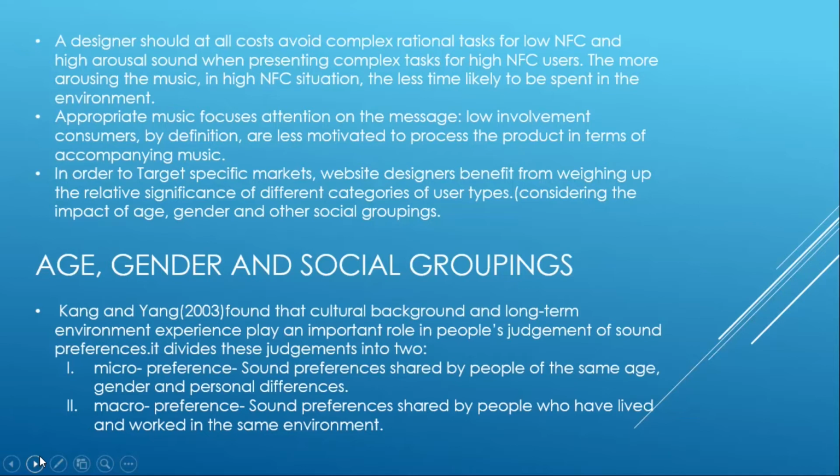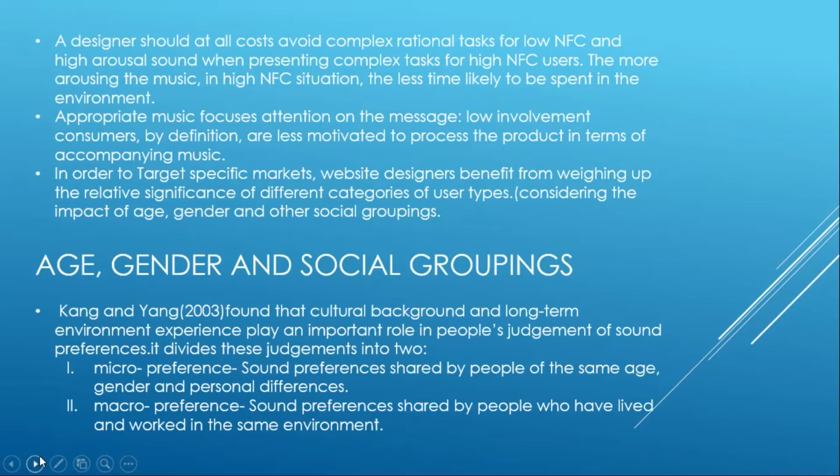In order to target specific markets, website designers benefit from weighing up the relative significance of different categories of user types, considering the impact of age, gender, and other social groupings. So, in terms of gender, age, and social groupings, Kang and Yang, 2003, found that cultural backgrounds and long term environment experiences play an important role in people's judgment of sound preferences.